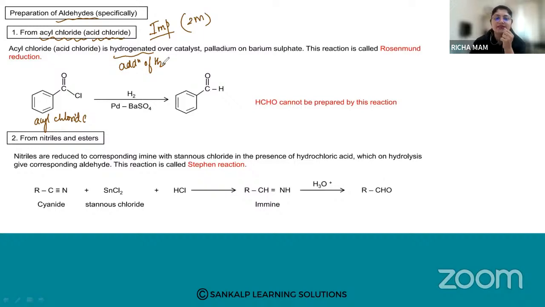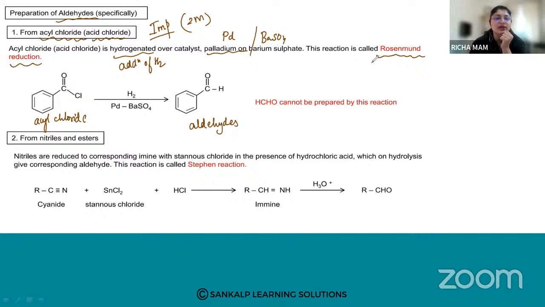We can take palladium on barium sulfate, and it forms aldehyde. This famous name reaction is called Rosenmund reduction.